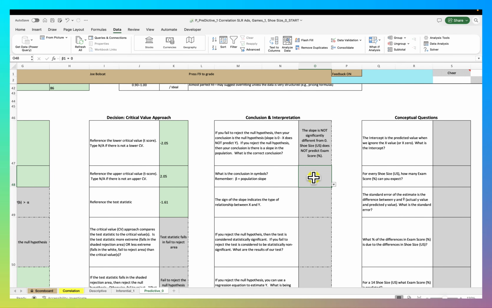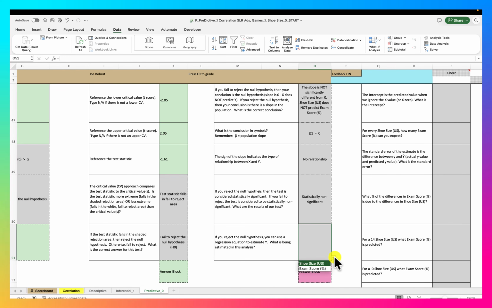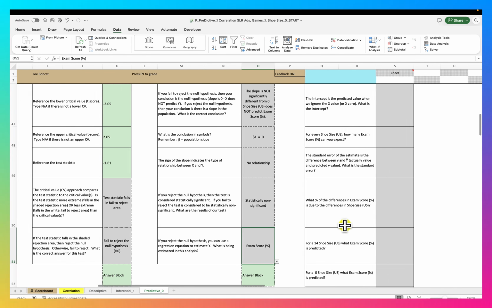So we're saying that the true population slope is 0. No relationship. Statistically non-significant. And what was trying to be estimated was exam score, even though we couldn't.